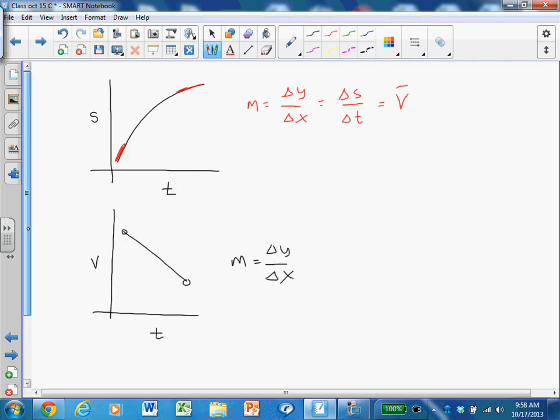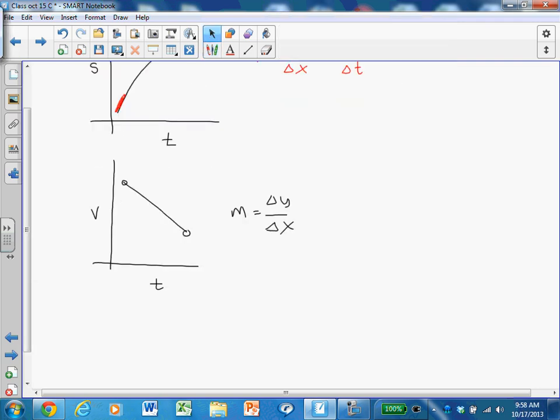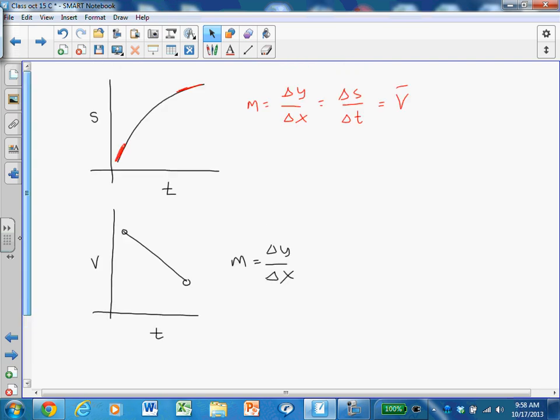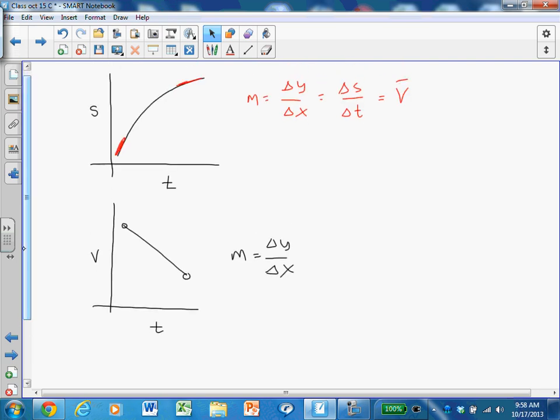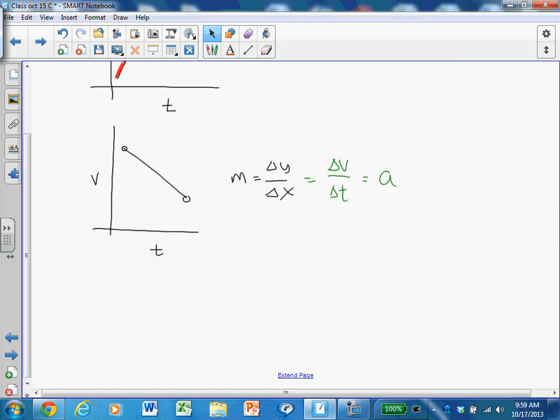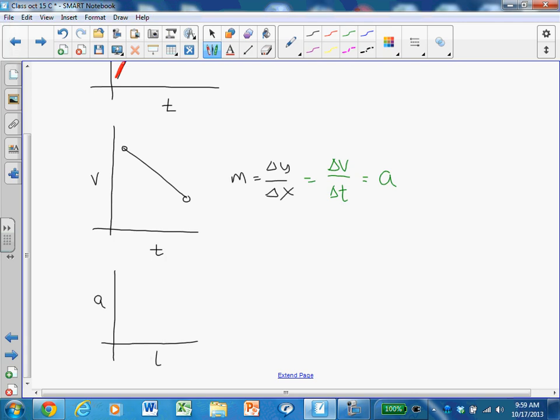So what is our change in y here? Change in v over... now that's equal to what? A. Now our a's for us are always flat lines. So in this case, it would actually be negative, because the slope's negative, isn't it?